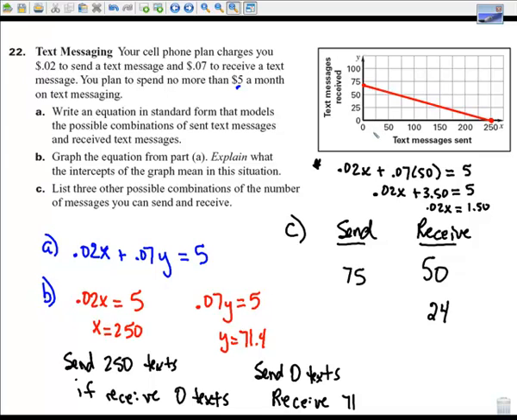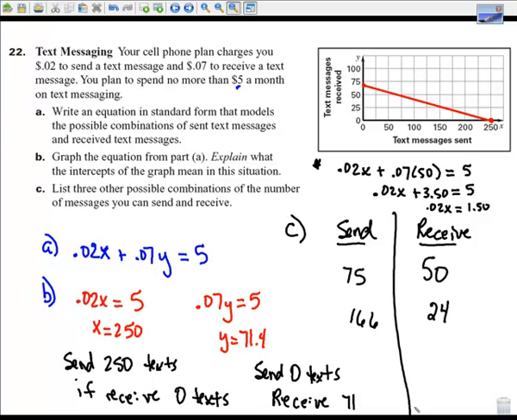What I'm going to do is take 24 times 7 cents. That gives me $1.68. I'll take 5 and subtract that answer. That gives me $3.32 I have left. Divide it by 2 cents, and I'm going to send 166.